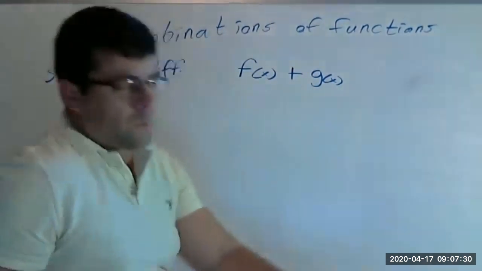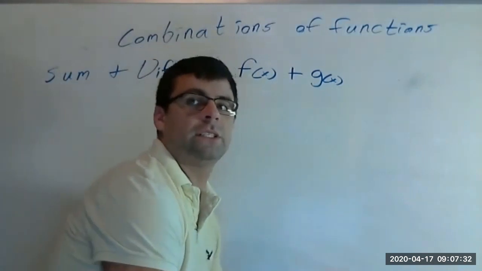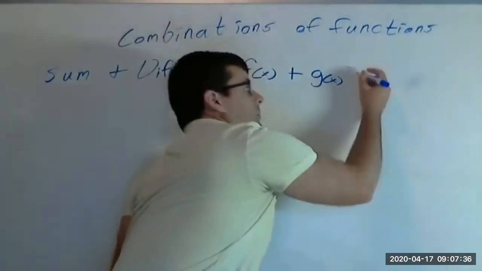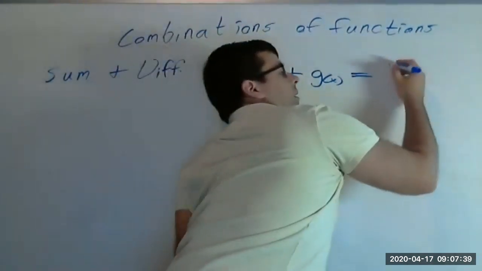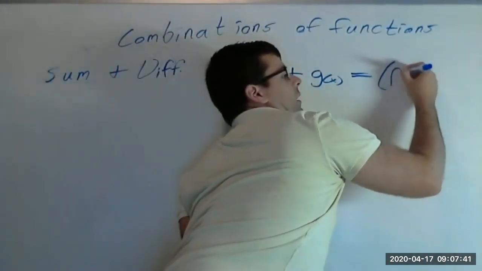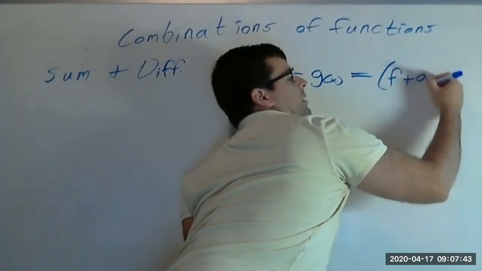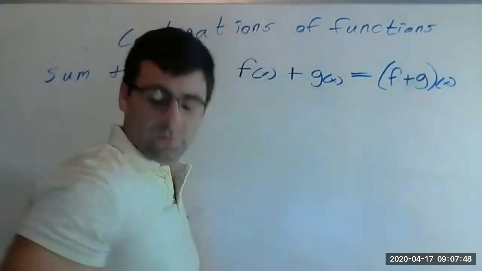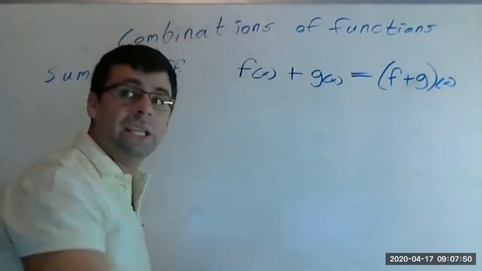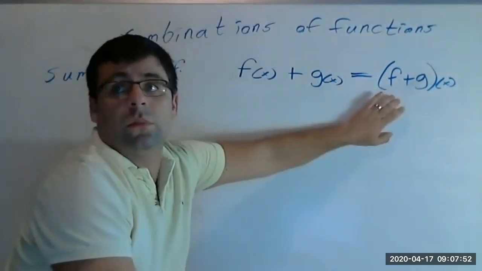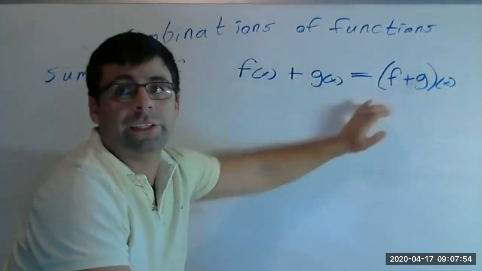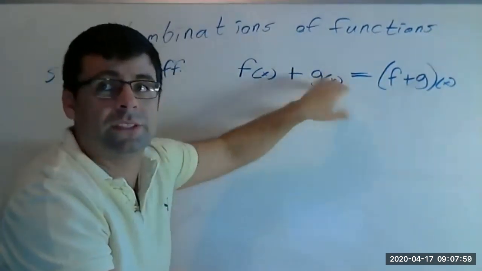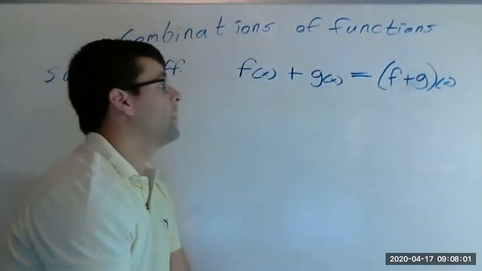So the shorthand for a sum of two functions, f of x plus g of x, is f plus g of x. So when you see this, all you do is you write the function f plus the function g.